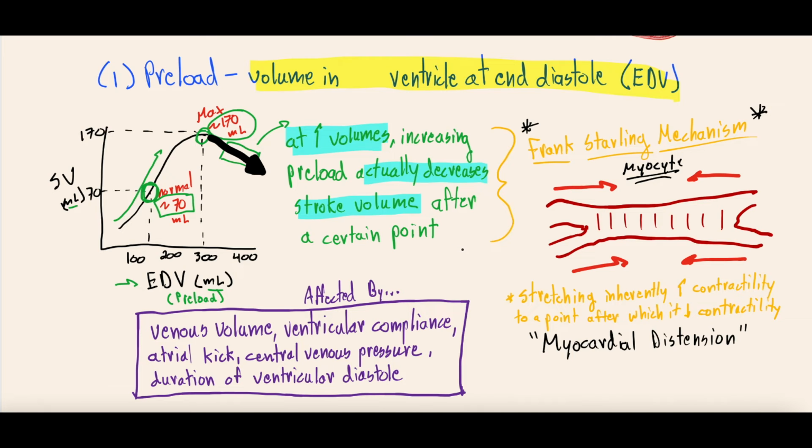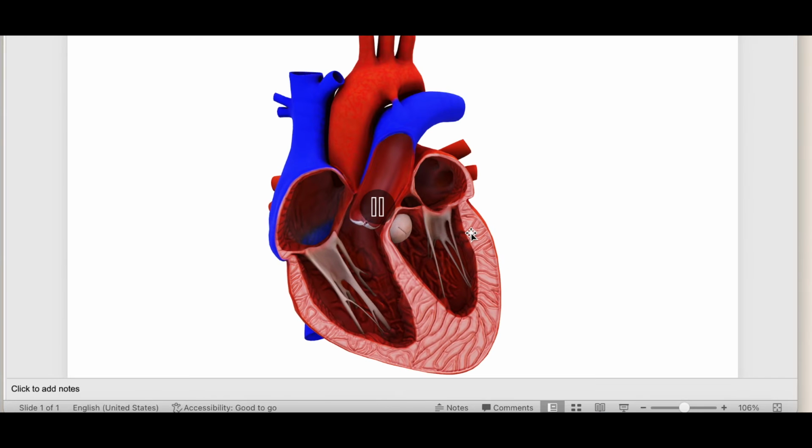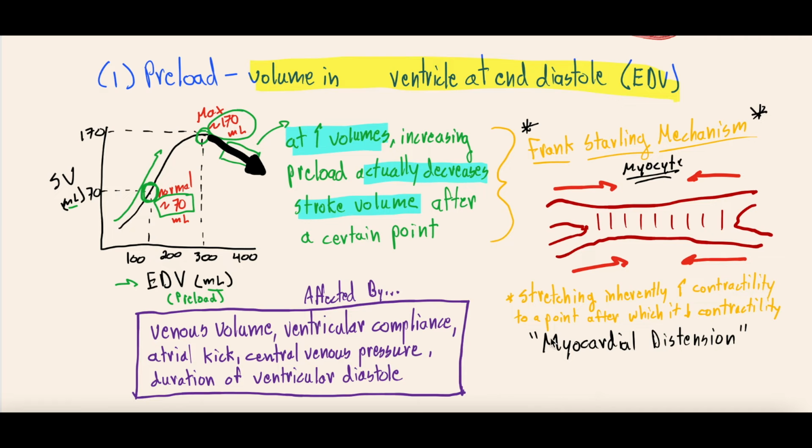If your ventricle is small, it stretches as it fills, and it stretches those myocytes. And when they get stretched, they actually contract more robustly, more aggressively. And that's what increases the stroke volume in this curve over here.